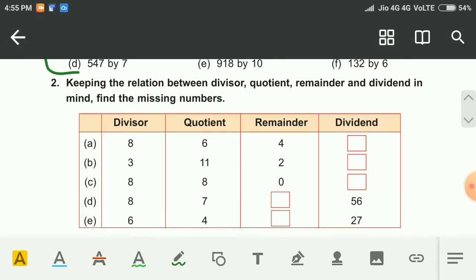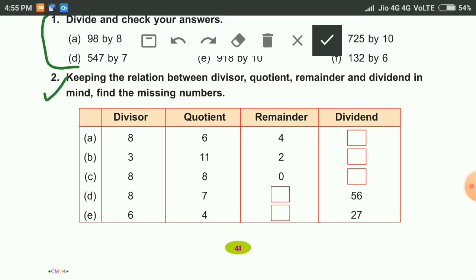Now question number 2. Keeping the relationship between divisor, quotient, remainder and dividend in mind, find the missing numbers. First, in this question, 8 is the divisor, 6 is the quotient, 4 is the remainder. Then what will be the dividend? How can we find it? We multiply these numbers and then add the remainder.